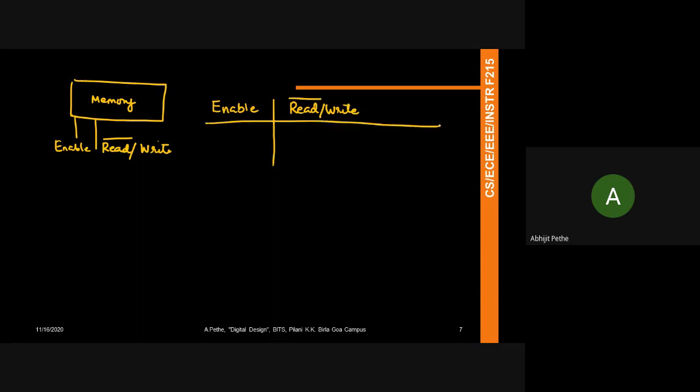So what does this mean? This means that when this is 0, I don't care what's on this signal, the memory is disabled. That is, the memory is impervious to what's happening on its output or input ports. When I want this to read, then I will ensure that enable is set to a high, read is set to a 0, right? Sorry, I'm going to follow your textbook convention.